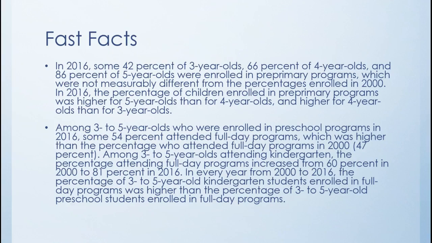In 2016, the percentage of children enrolled in preprimary programs was higher for 5-year-olds than 4-year-olds, and for 4-year-olds than 3-year-olds. Among 3 to 5-year-olds who were enrolled in preschool programs in 2016, some 54% attended full-day programs, which was higher than the percentage who attended full-day programs in 2000, which was 47%.